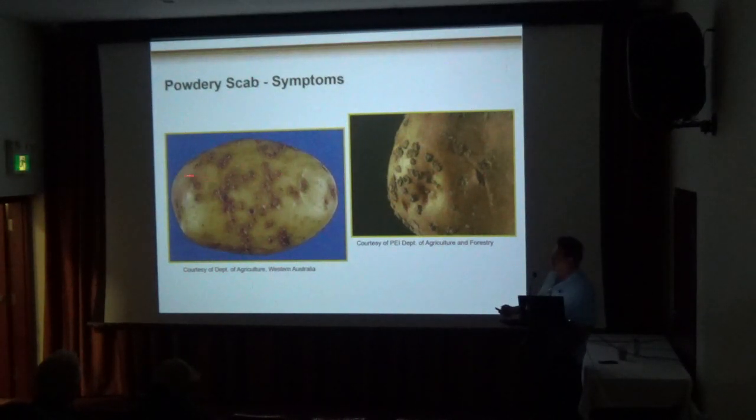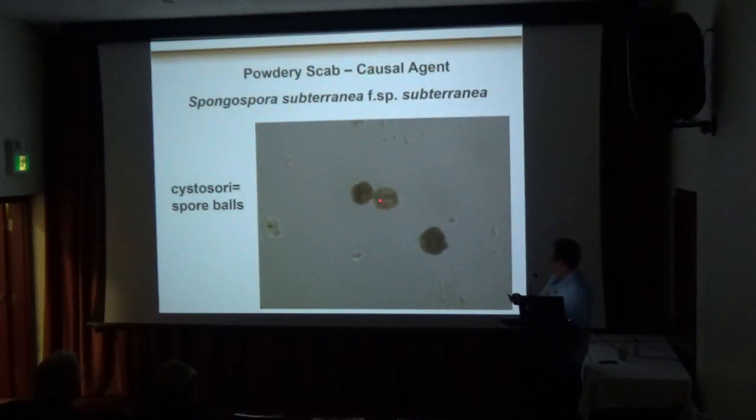It looks a lot like common scab, but usually it's a little more circular, and the pustules kind of look like they're ruptured. You can see the little flaps of skin around them. And inside those pustules are black spores, and they're called resting spores. They look like this. Not hard to pick up under the microscope, but it's a concern because those spores can survive in the soil.